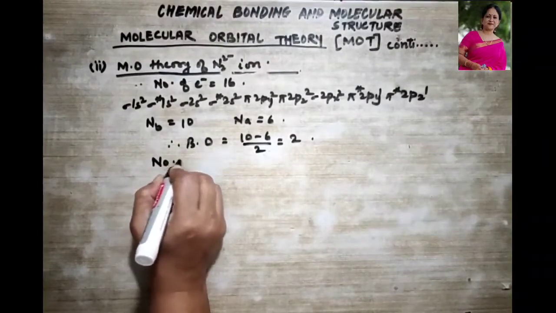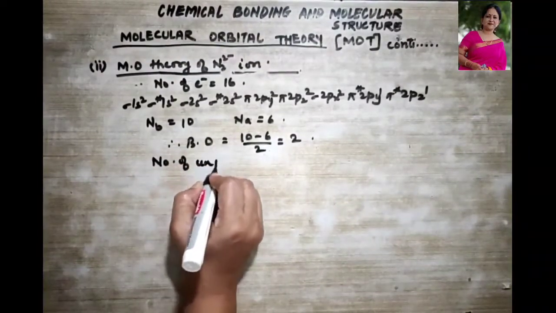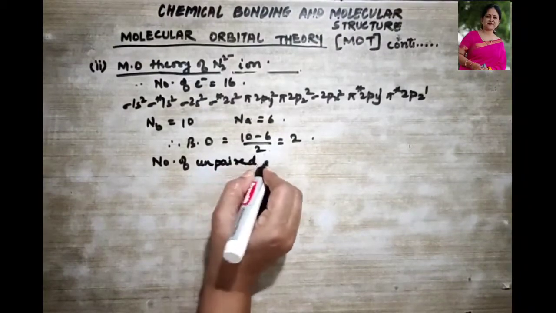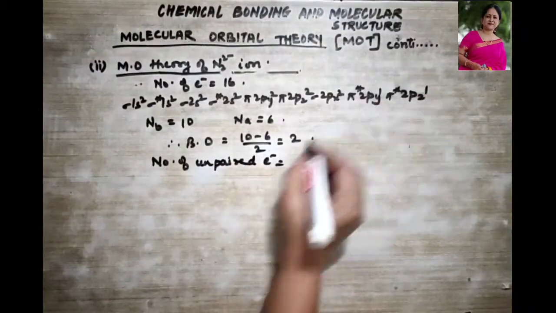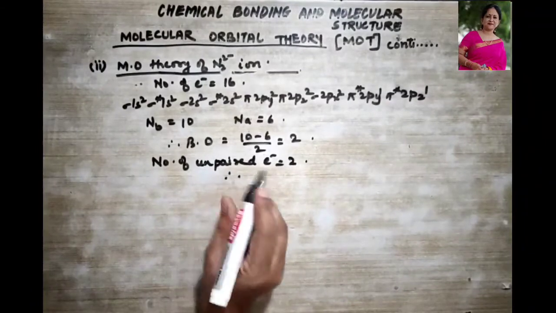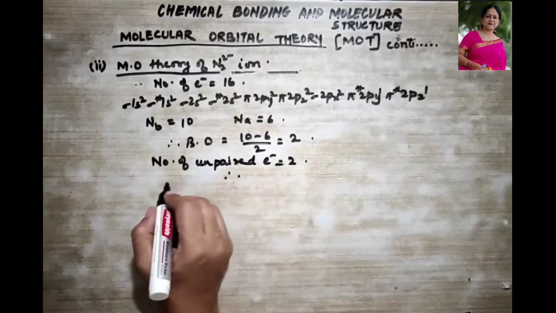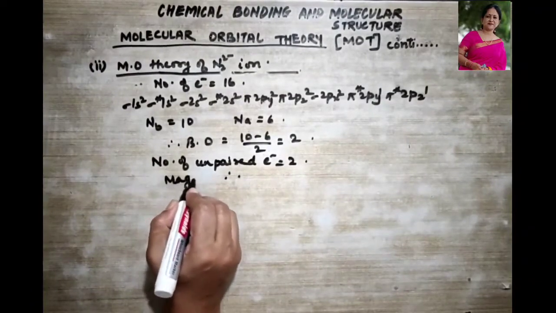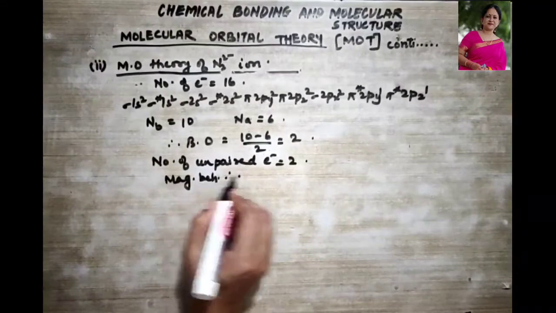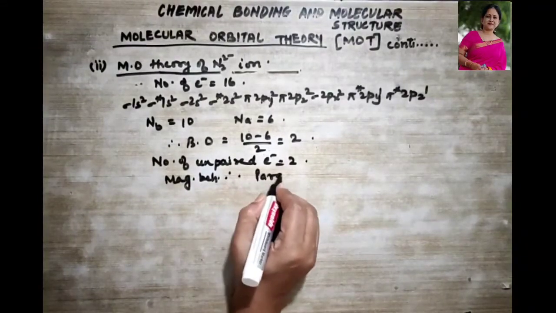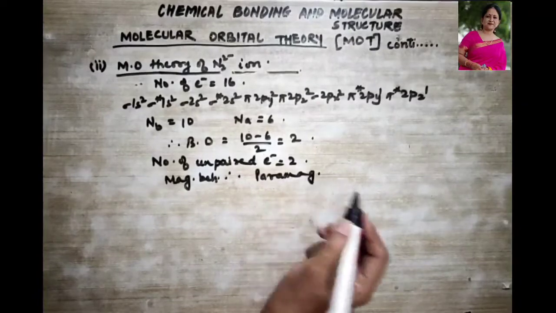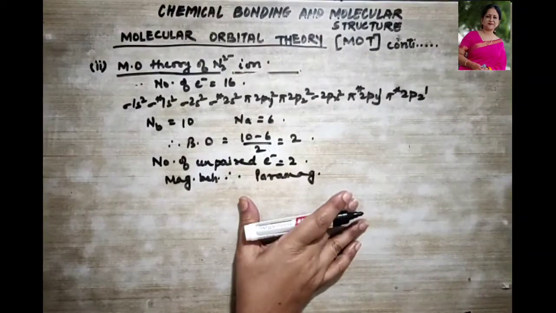So the number of unpaired electrons are how many? 2. If the number of unpaired electrons is 2, then what is the magnetic behavior? It is paramagnetic in nature. I hope you have understood.